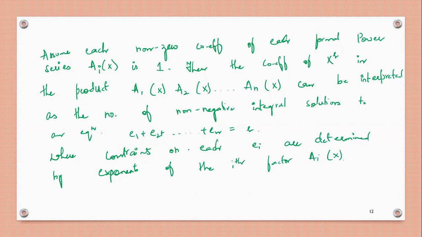Okay, so whenever we want to find the ei constraints, they are determined by the exponents of the ith factor.